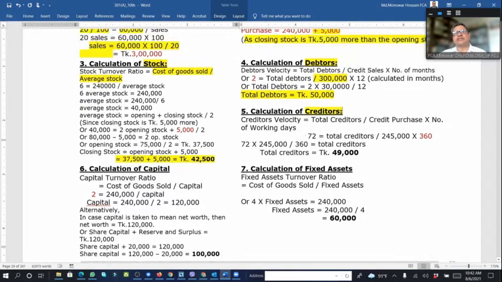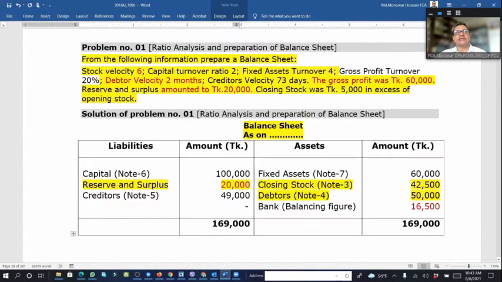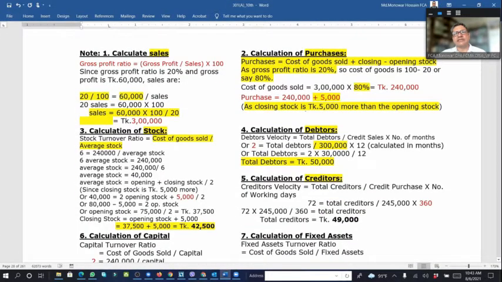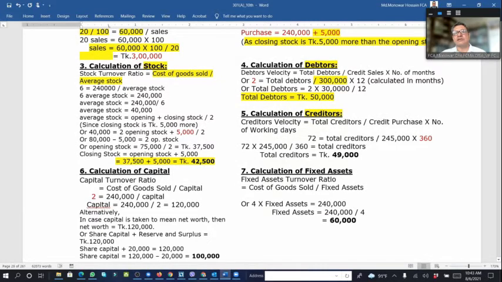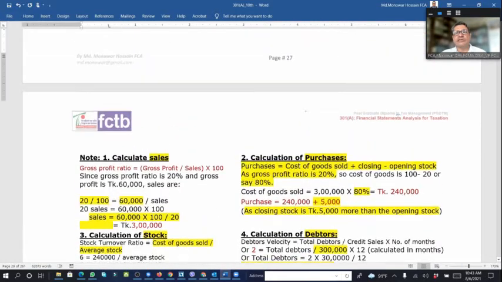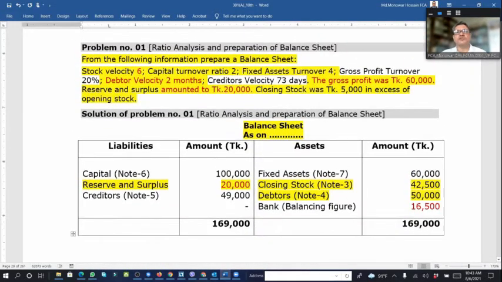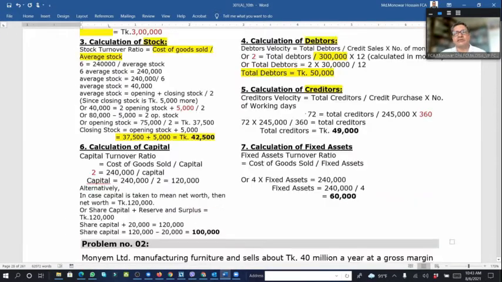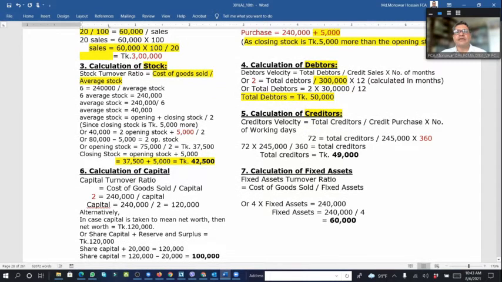Creditors velocity as determined in the question is 73 days, or 72, it should be 72 as per the question. 72 days. Look here, creditors velocity is total creditors divided by credit purchase, times number of working days.